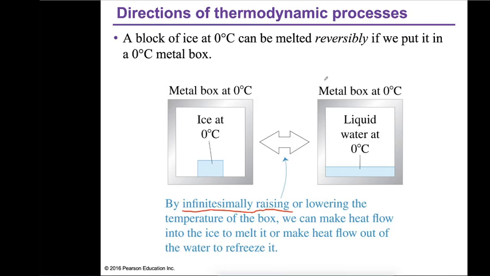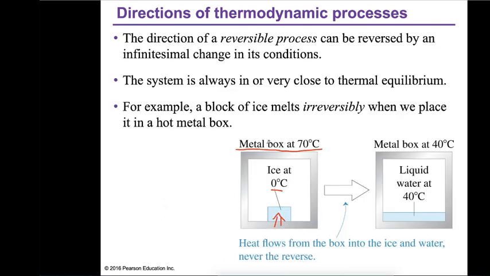So the difference between reversible and irreversible processes in this ice box situation is, here at the beginning the temperature of the metal box and the ice are the same, and you infinitesimally raise or lower the temperature.